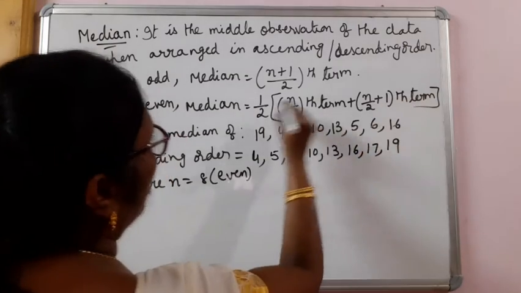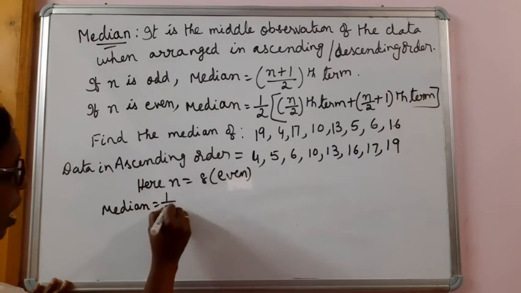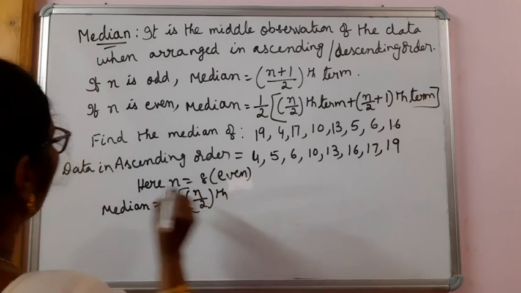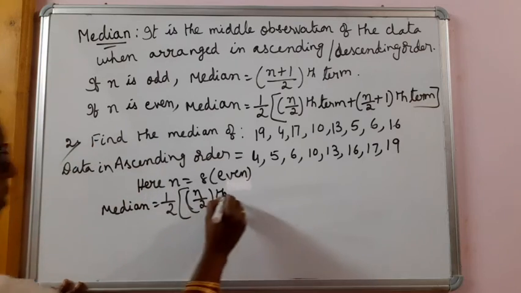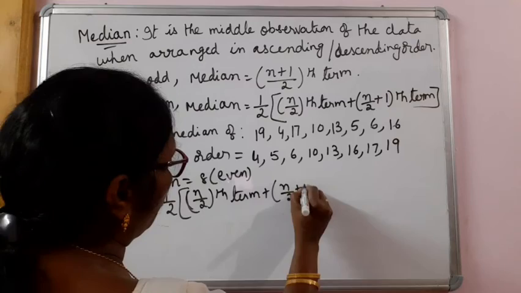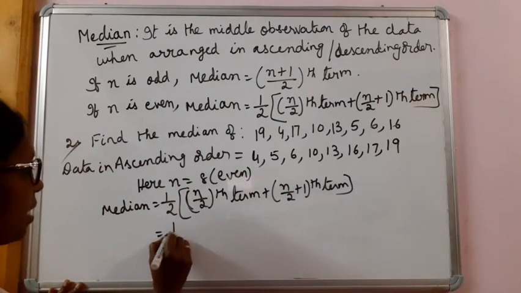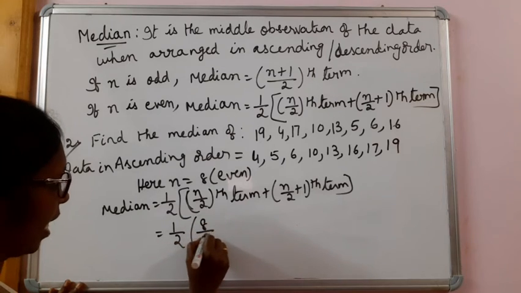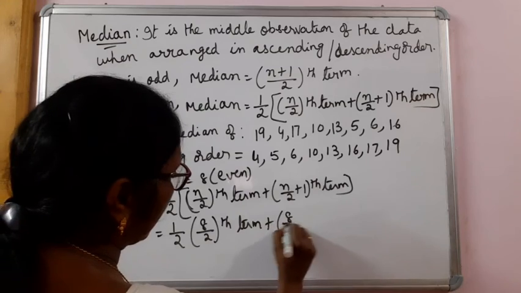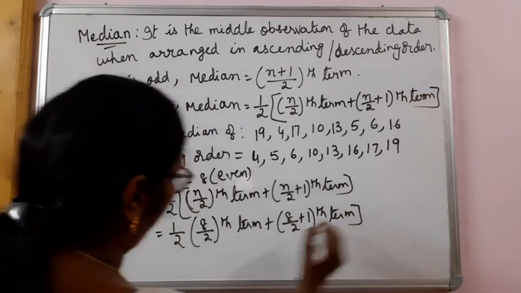So this formula we have to use. The median is equal to half of the (n by 2)th term plus the (n by 2 plus 1)th term. Here n is 8. So you will get the (8 by 2)th term, that is the 4th term, and the (8 by 2 plus 1)th term, that will be the 5th term.